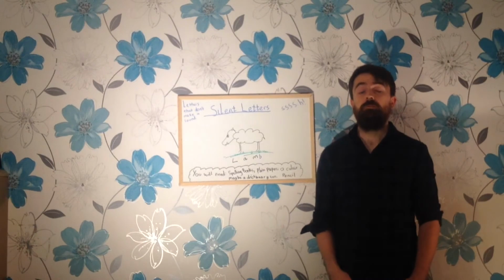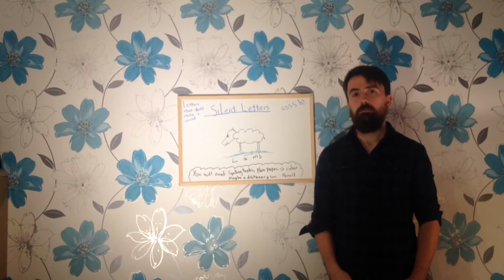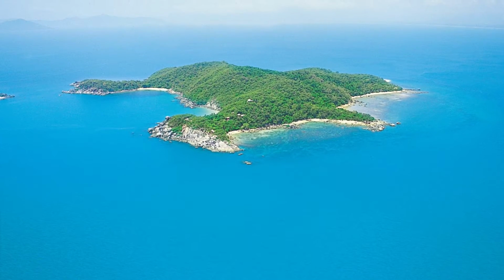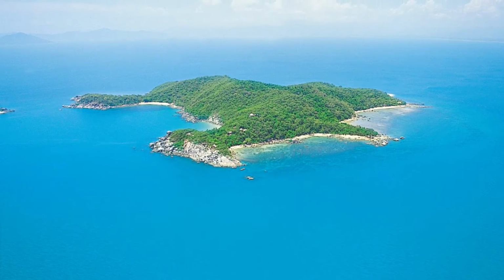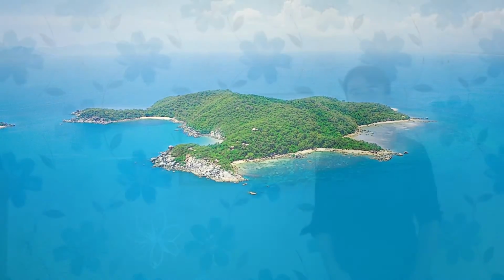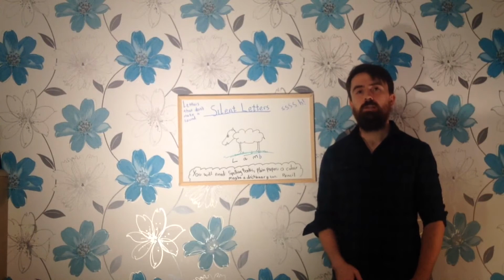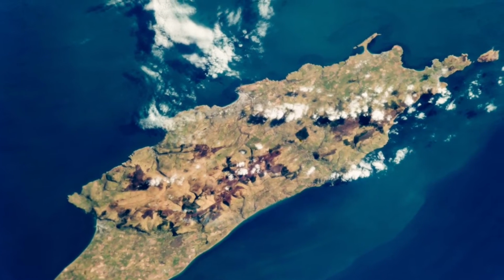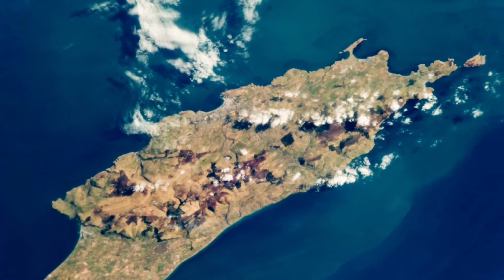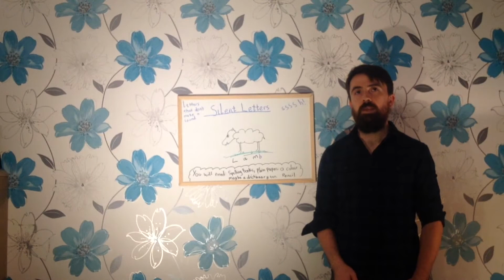The first word is the word island. Island. The second word is the word isle. Isle. The third word is the word doubt.